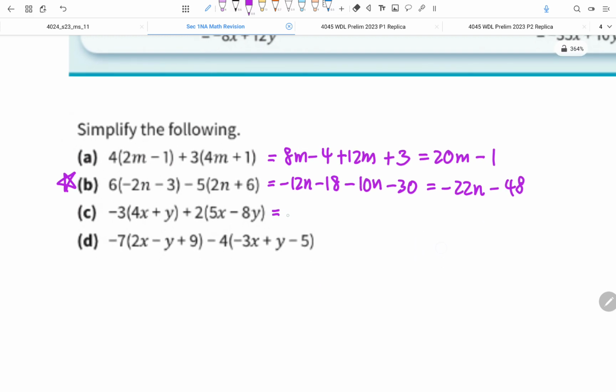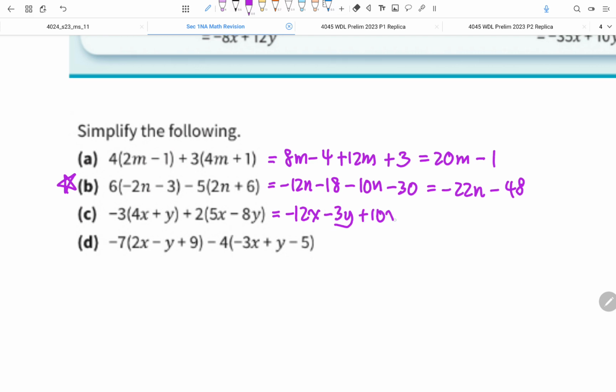Part C, negative 12x, negative 3y plus 10x minus 16y. Let's simplify this. Negative 12x plus 10x on the calculator returns you a negative 2x. Negative 3y minus 16y on the calculator returns you a negative 19y.